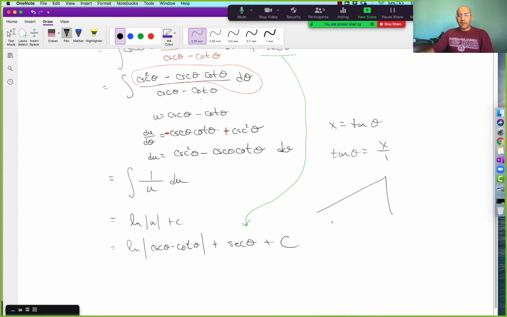So here's my triangle. Here is theta. Theta is opposite over adjacent, so x is opposite, adjacent is 1. So this side is missing, h. So it must be true that 1 squared plus x squared equals h squared. So the square root of 1 plus x squared equals h. That's going to be the square root of 1 plus x squared.